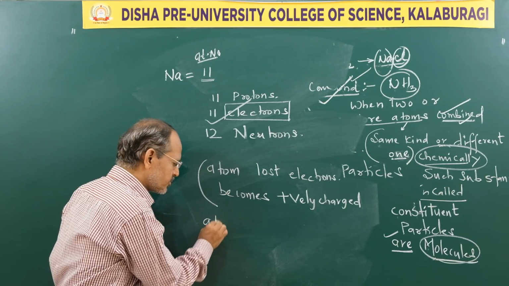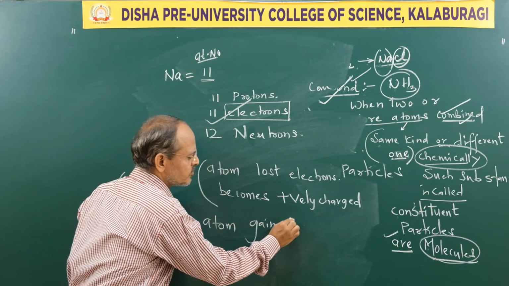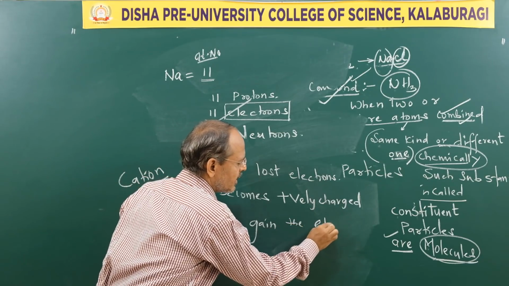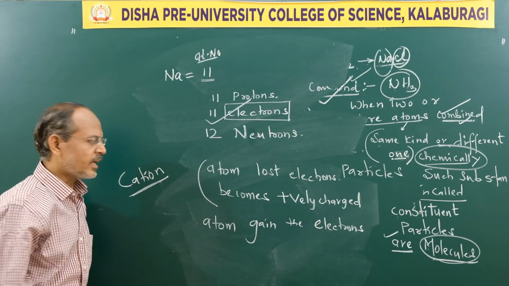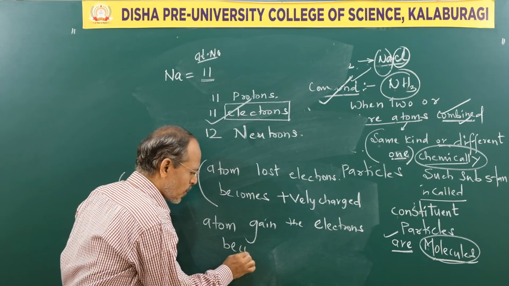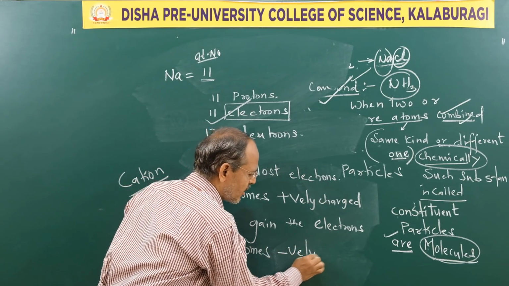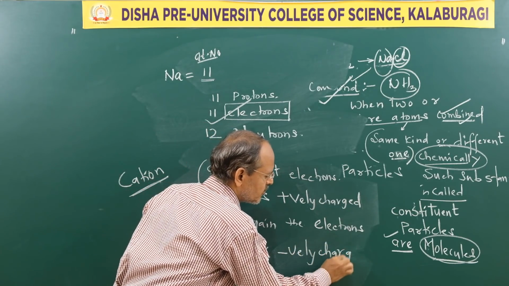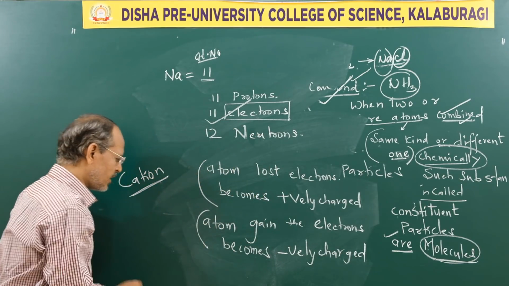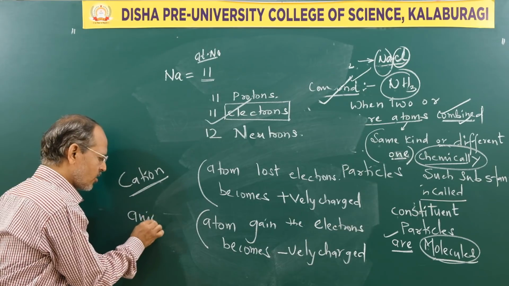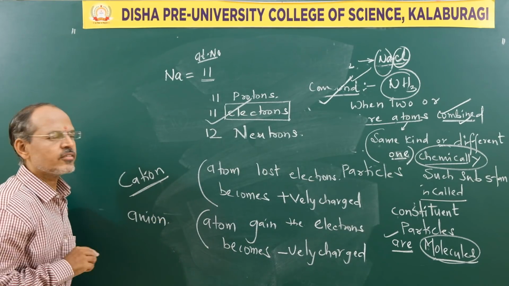If the atom gains the electron, then it becomes negatively charged. That we call an anion. Negatively charged.